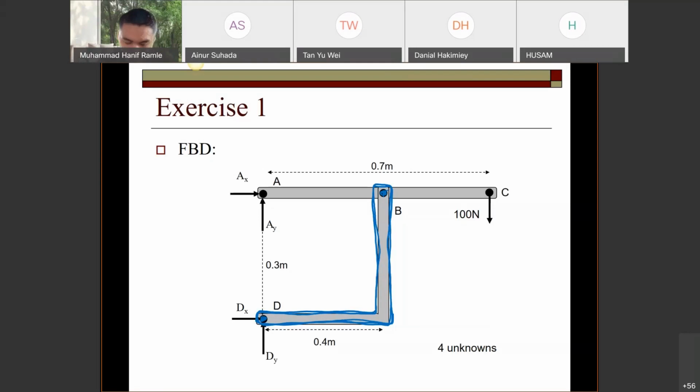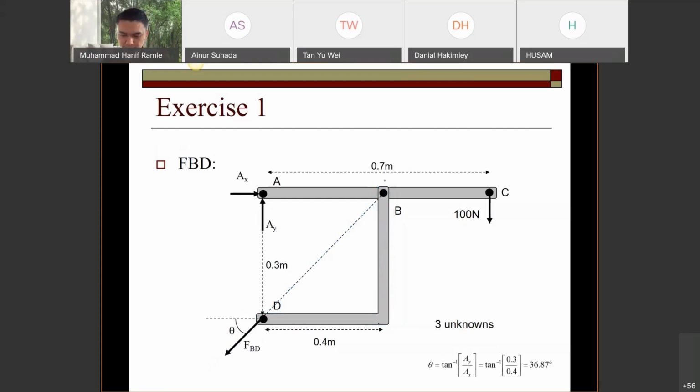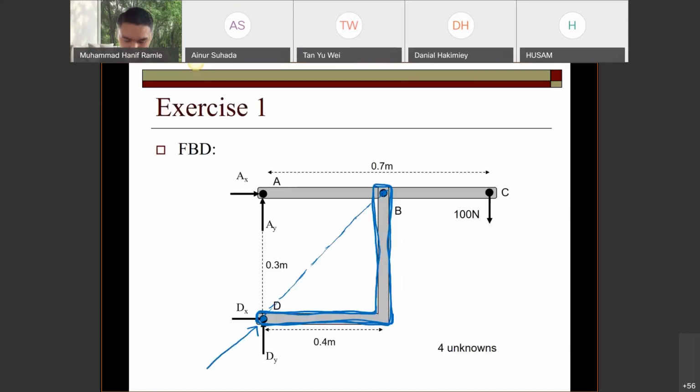At point D we have this one. This must be in line, this is the line AB. I put it as D, for example, and then this should be another force that cancels out the D, which is B.